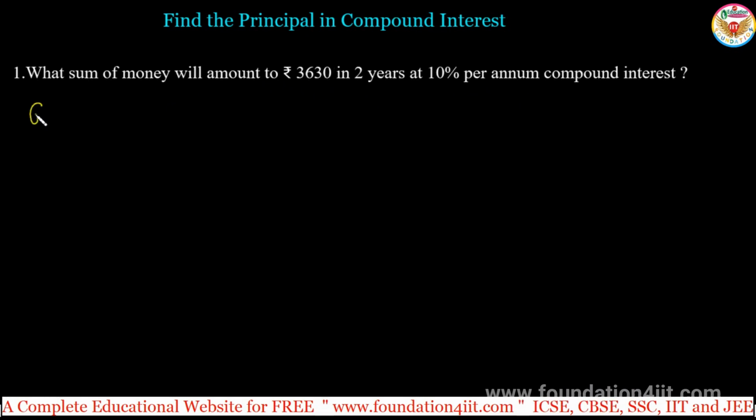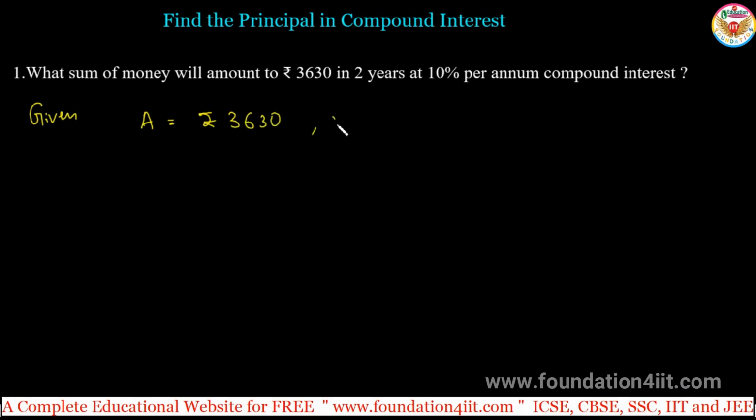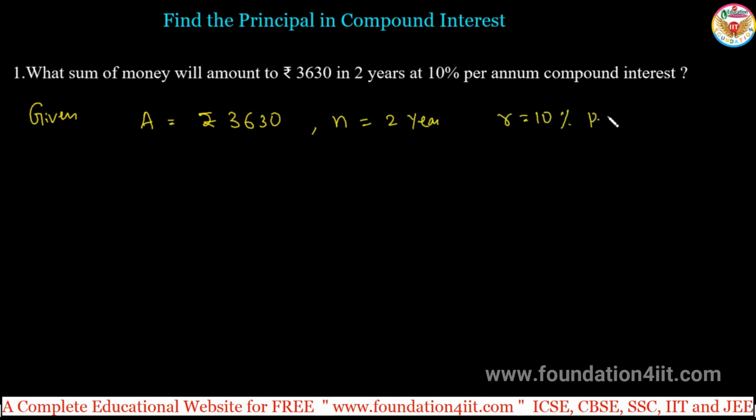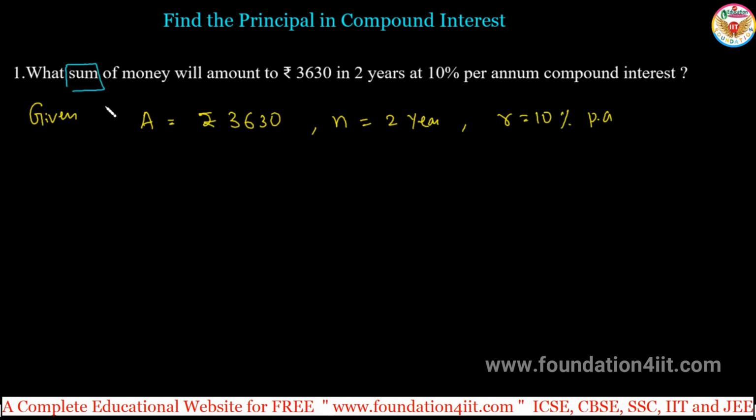If you are able to write the given data perfectly, then the problem is easy. Amount is 3,630 in 2 years, so n is equal to 2 years and r is equal to 10% per annum, compounded annually. So we have to find out what sum. The question is what sum of money will become 3,630 as amount in 2 years at the rate of 10% per annum.